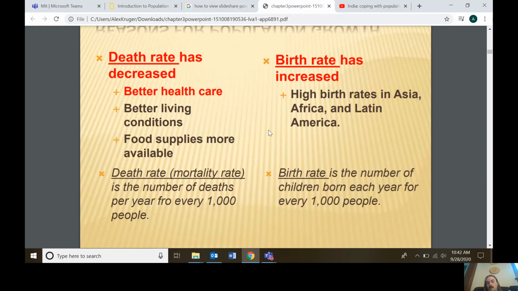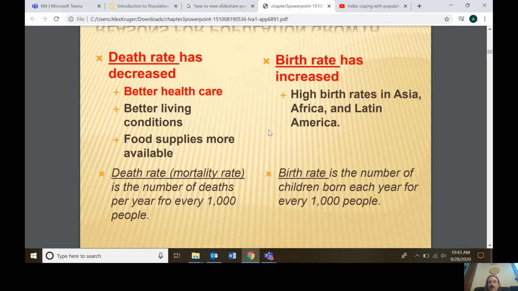Birth rate is the number of people born divided by every 1,000 people. So birth rates have increased. People are having more children than they used to have because fewer children die, and also in the developing world, having more children means more kids can work for you and make you more money. So birth rate has increased.